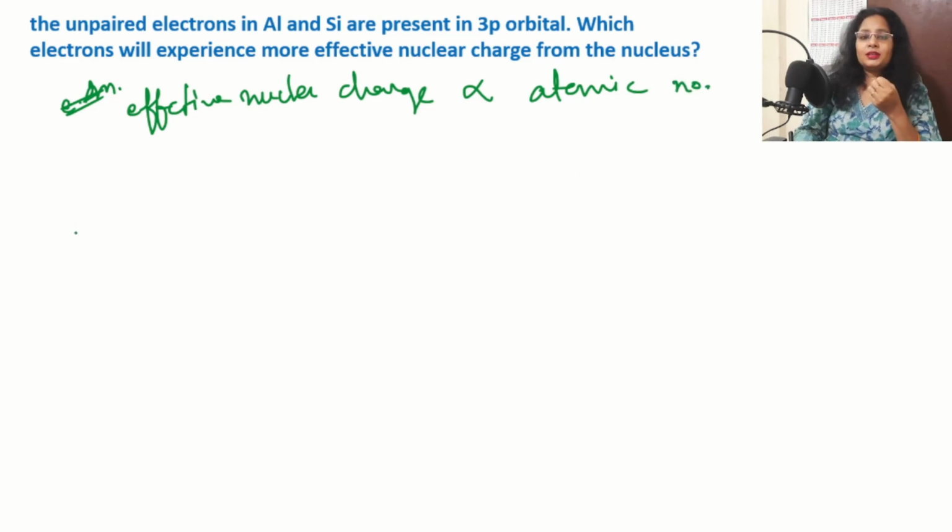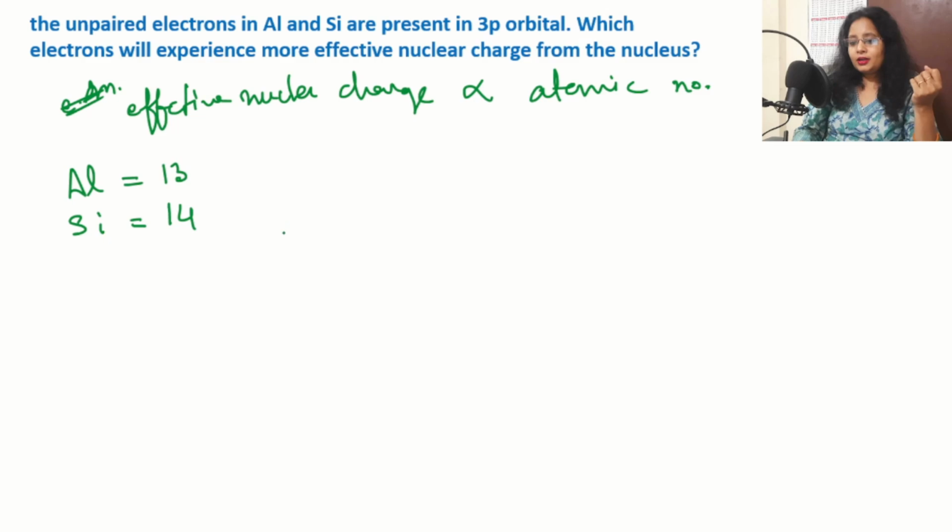What does it mean? It means the more the atomic number, the more the effective nuclear charge will be. Atomic number means number of protons or electrons. So in this case, aluminium has atomic number 13 and silicon has atomic number 14. Now what will happen? Silicon has 14 electrons.